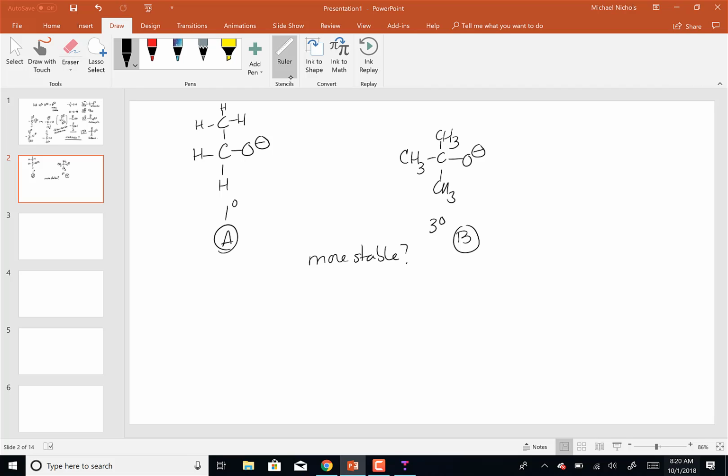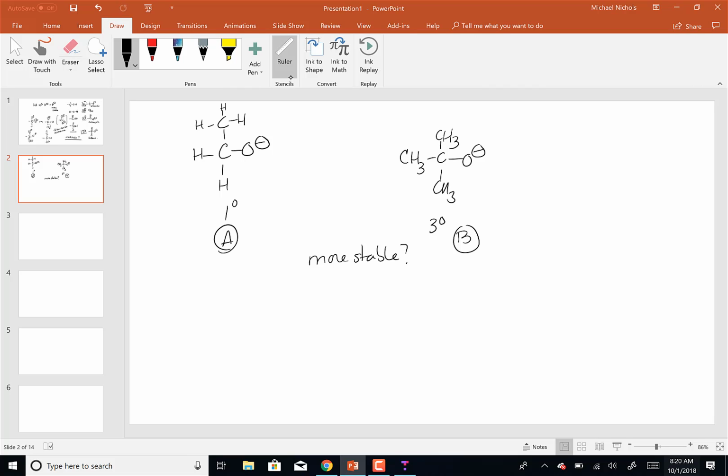And remember what I said a minute or two ago. Two ways to make the oxygen minus more stable. Do what or do what? Pull electron density out through some sort of electronegativity effect, or delocalize it, spread it out.